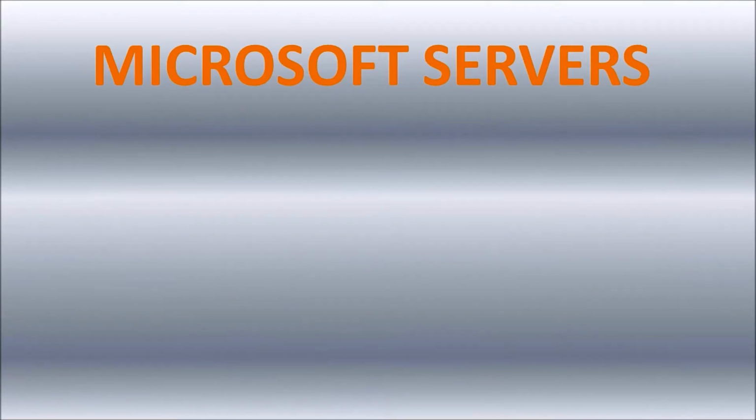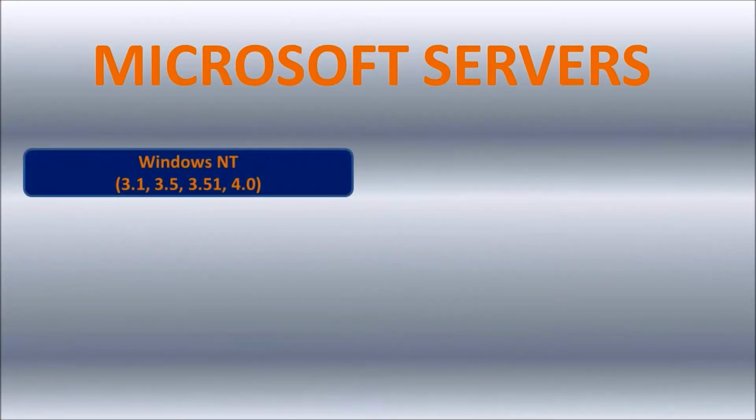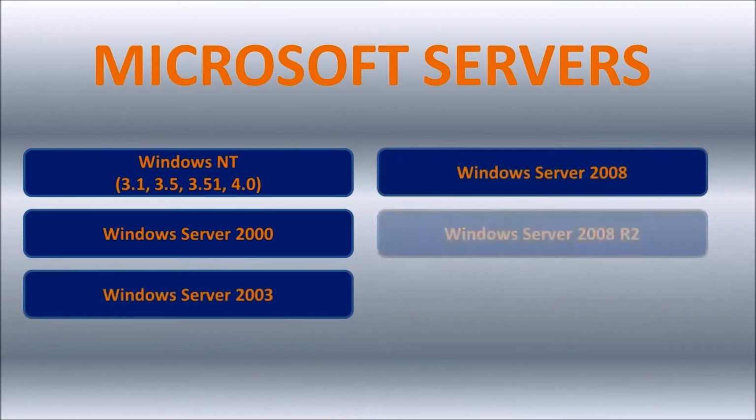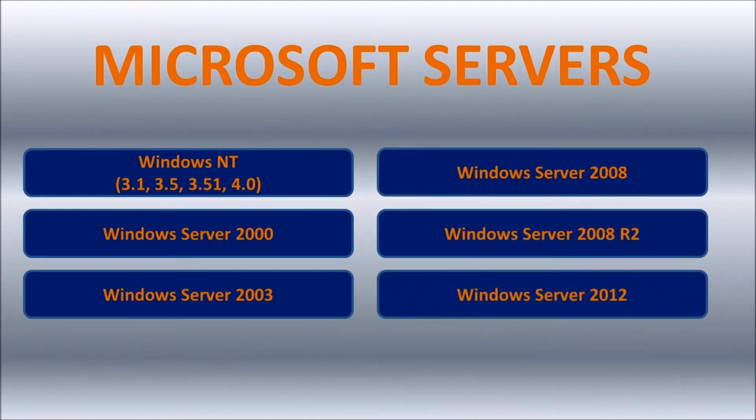Microsoft has been in the server business since about 1993 when they came out with Windows NT Server. They went through various flavors of that until they decided to start naming servers based on the year around which they were released. And they started that with Windows Server 2000, went all the way up through, most recently, Windows Server 2012. Now, there are 2 versions of Windows Server 2008.